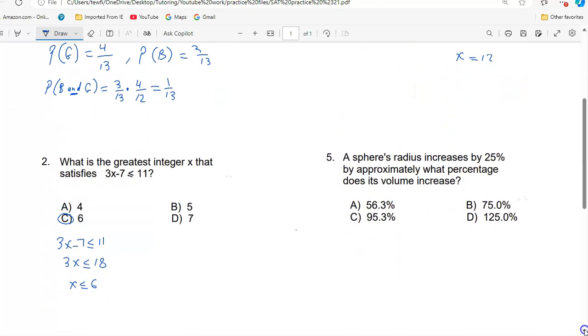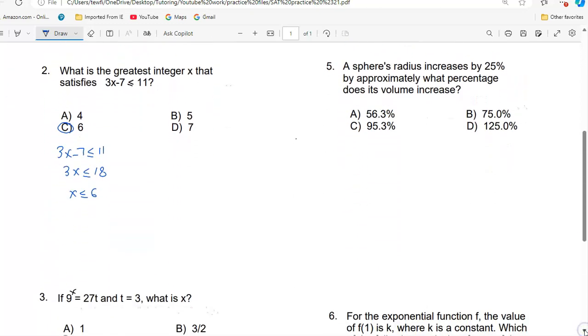And for this one, number 5, you can try it. A sphere's radius increases by 25%. By approximately what percentage does its volume increase? Okay. So to make the problem easy, say the radius is 1 and increases 25%.